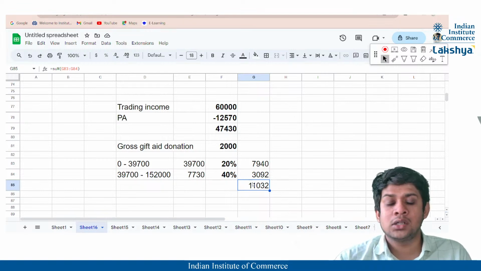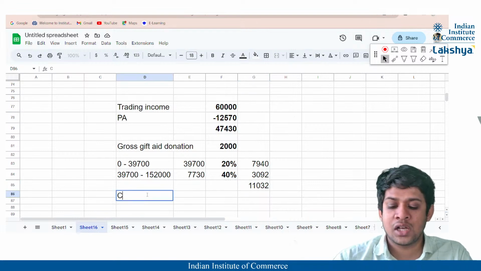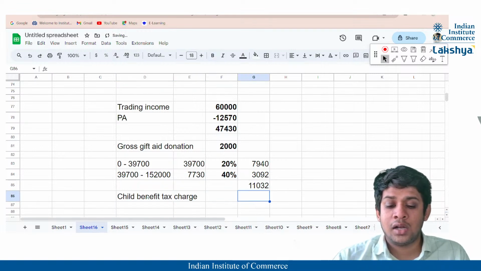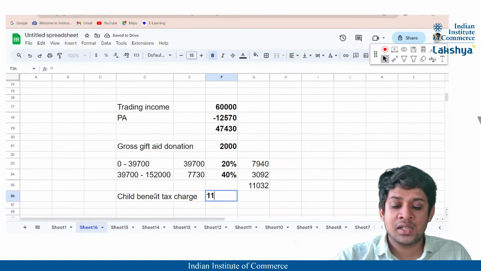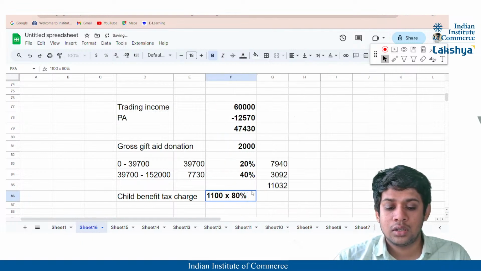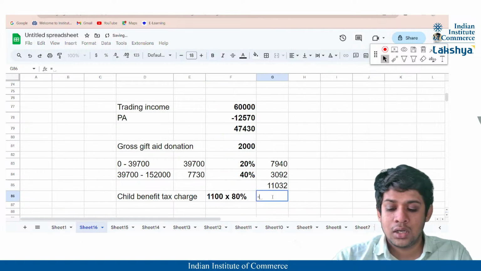But, guys, in her income tax liability, she also has a child benefit tax charge to be added. The child benefit that she has received is 1100. You will add back the 80% tax charge on it, so that is 1100 into 80%.